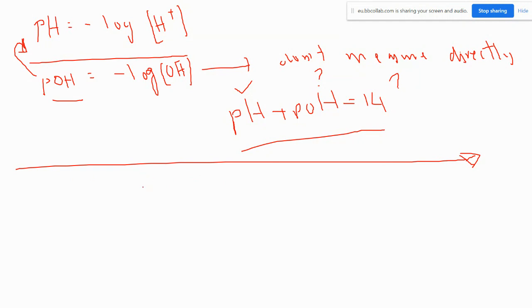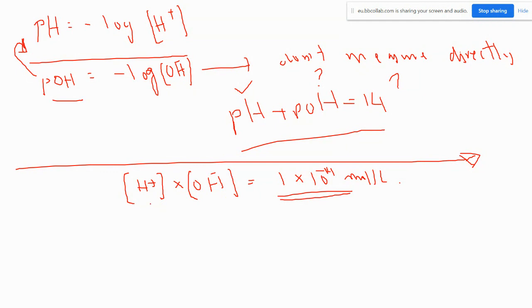So before this, actually, we have a formula. We say that H positive multiplied by OH negative concentration is equal to 1 into 10 to the power minus 14, mole per liter. You must memorize this one.